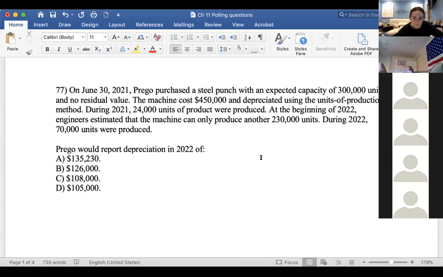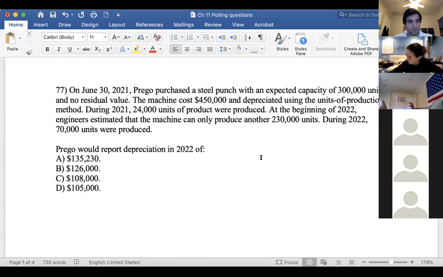How did we get the 414? The 414 was, Tanisha, what depreciation did you calculate for 2021? Repeat the question. What was your depreciation expense for the year 2021? 36,000. Good, 36,000. So what is the new book value as of the date of change?